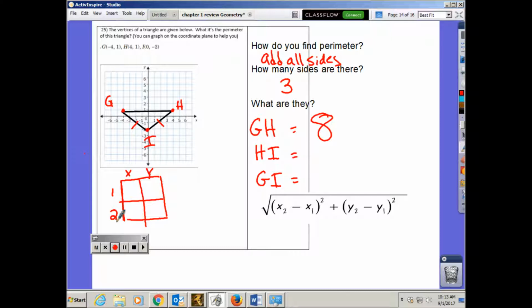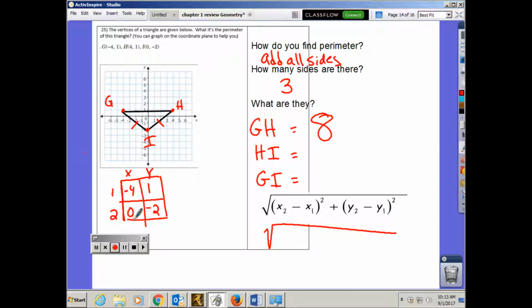What were the coordinates of G? -4 and 1, correct? What were my coordinates of I? 0 and -2. So now I'm just going to plug these into my formula.